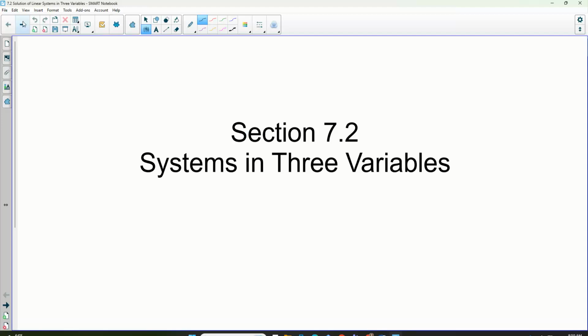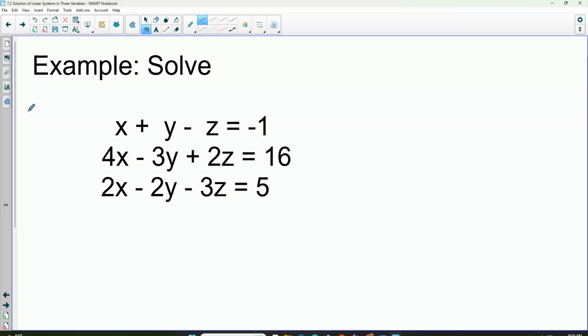So let's just jump in. We're going to do the same strategy, substitution and elimination, so no new techniques. The problem just is a little bit longer because we have more equations to solve.